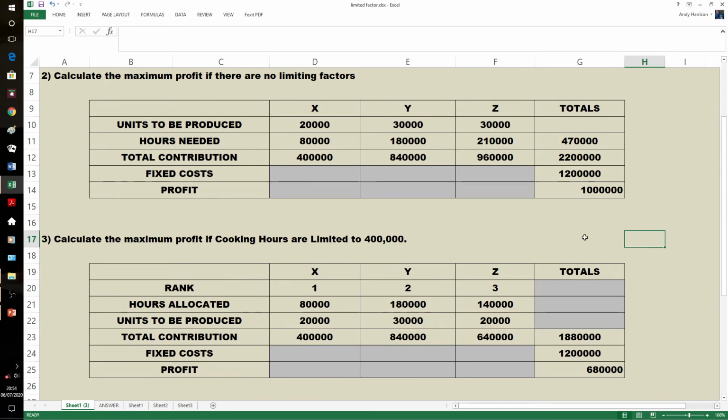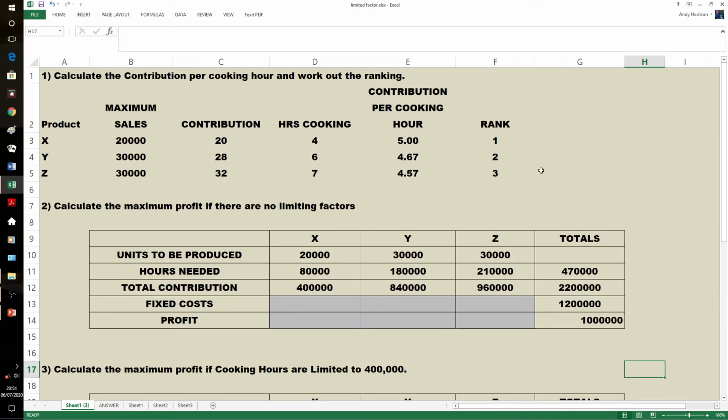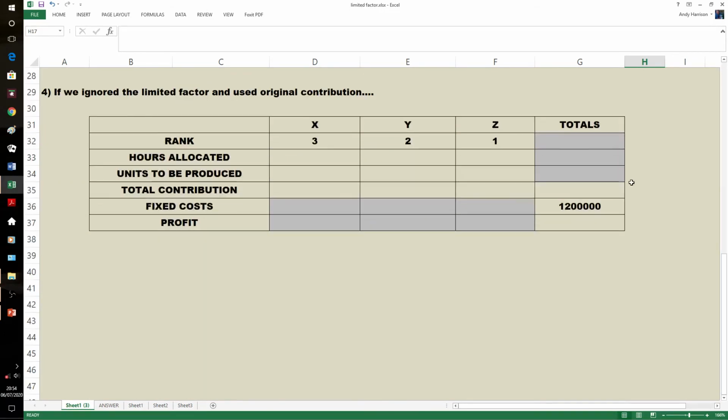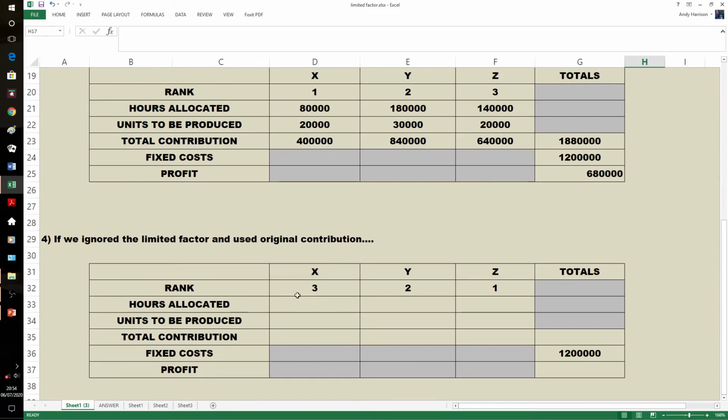Now, if we ignored the cooking hours and the ranking properly and just assumed that our best product was Z and did it the wrong way around, basically, we can do the sums quickly. So we reverse the ranking. Z used to be the best one, so Z will now get its full 210,000. Y will still get its 180,000.